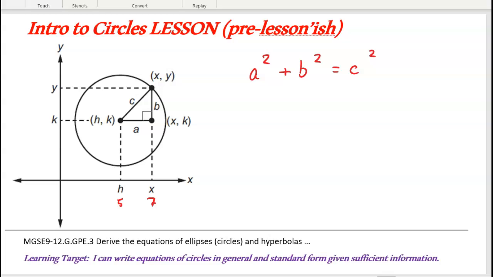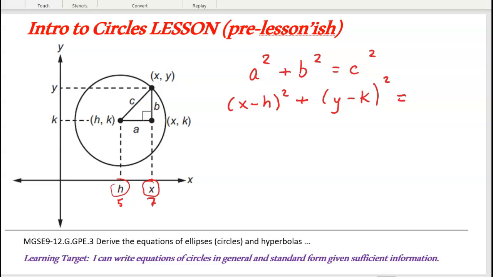So A in this problem is the same as whatever that value is minus whatever that value is, X minus H. So I'm going to replace the A with X minus H, and this is actually a proof of the distance formula, which you saw back in 8th grade, maybe 9th grade. All right, and similarly, B is Y minus K. I'm still learning my alphabet.